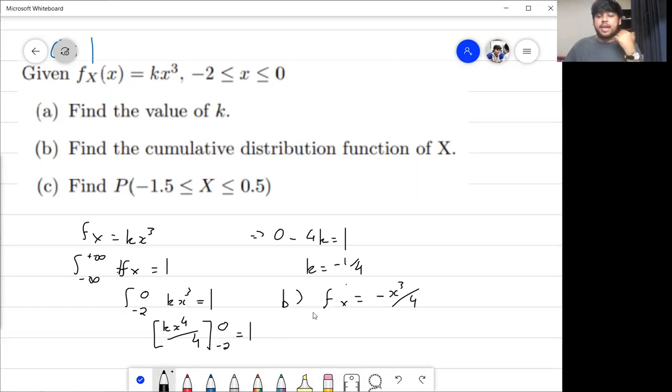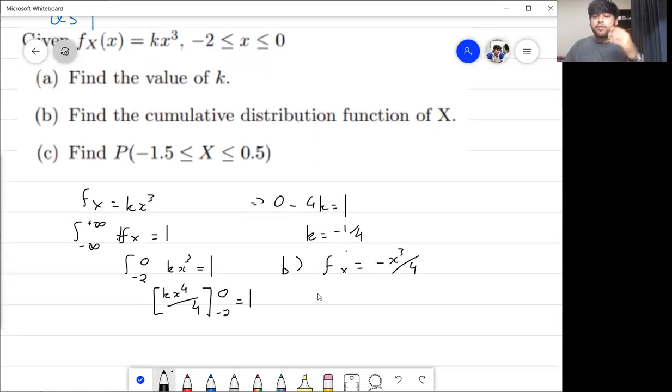Now, the idea when they ask you for a cumulative distribution function of x is that it should cover all possible values of your initial variable. In this case, it's x, so it should cover all values of x. If I have to find the CDF function, it should be capital Fx. The last value I have is -2, so any value below -2 should be equal to 0. And any value above the greatest value, which is 0, should be equal to 1.